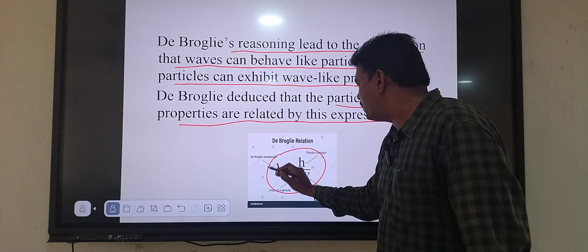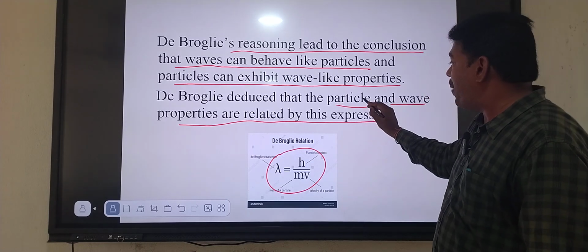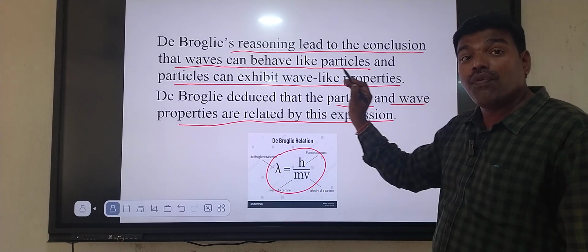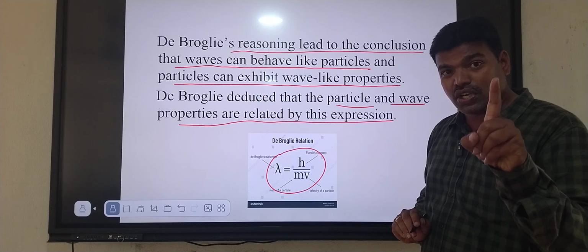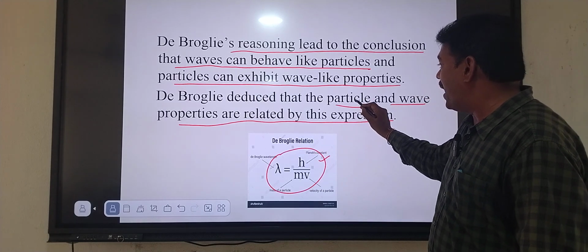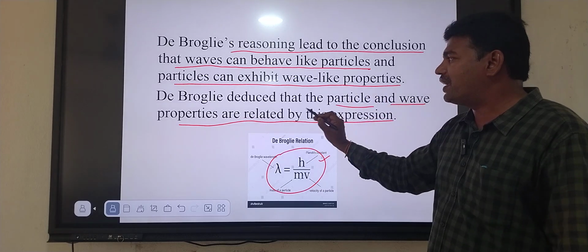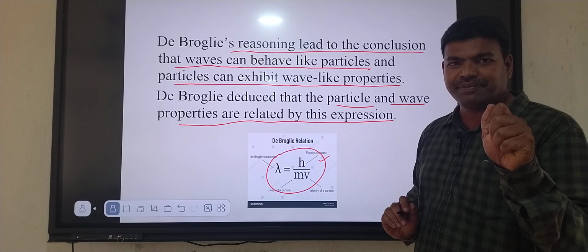Lambda is equal to h by mv. This is the equation for particle as well as wave properties. I wish to insist on this point: this is the equation which explains the particle and wave properties.